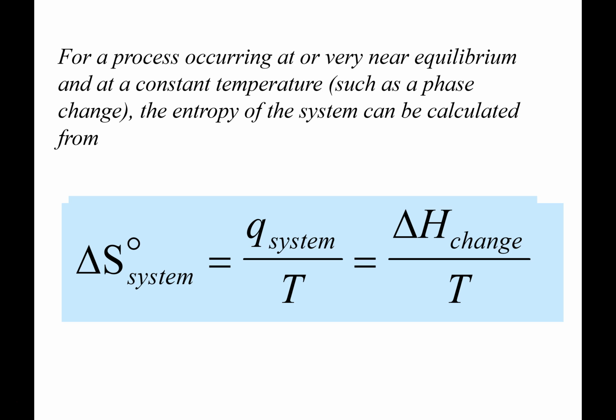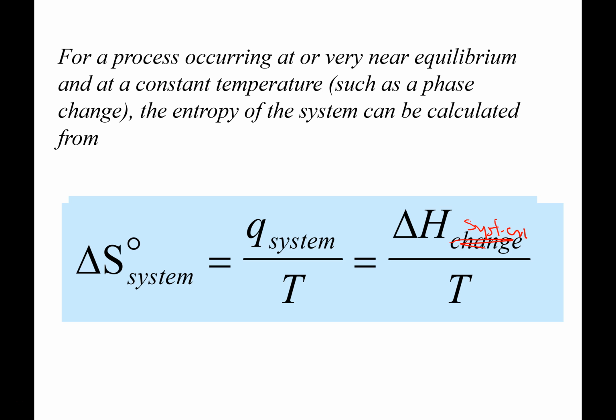In my notes, I'm pretty sure this change here should say system. I'm not sure why it says change. It doesn't make sense to me when I was reading it. One of the things we've been talking about is that if this is our system, what's outside our system? Surroundings, very good. And where's the universe?